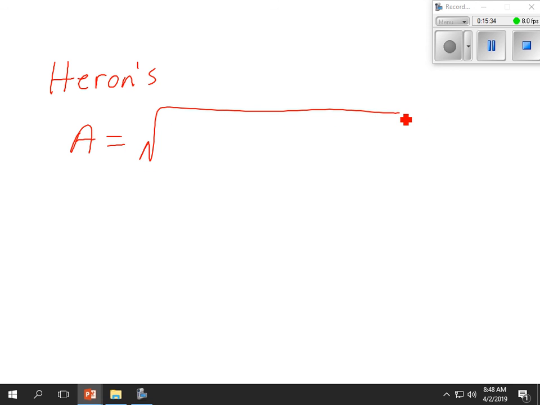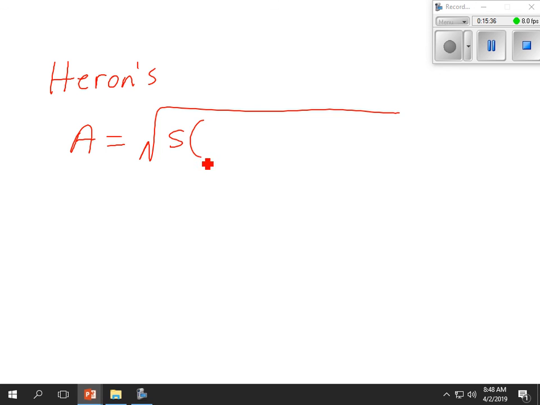One more formula for a triangle is Heron's formula. Heron's formula works for all triangles, and it's this. And we're not going to do a whole lot with Heron's formula, but I'm going to show it to you.